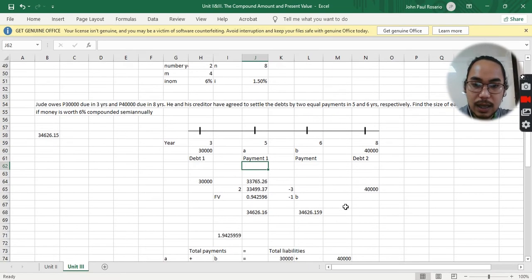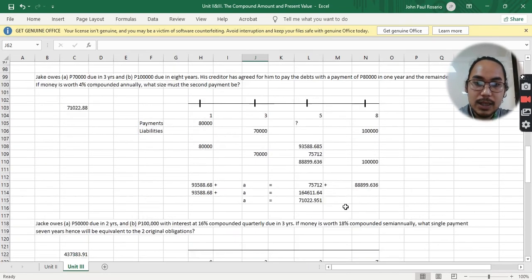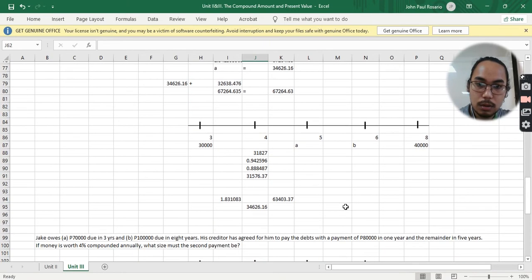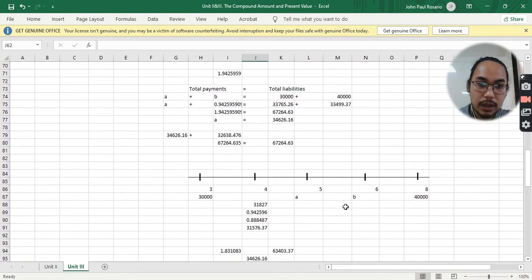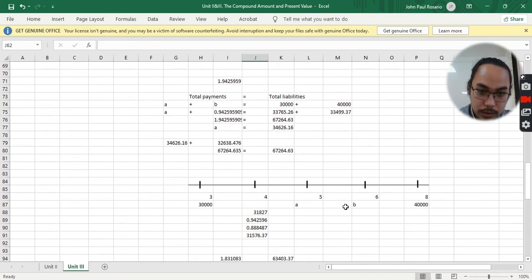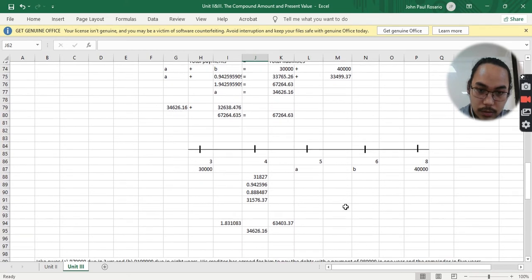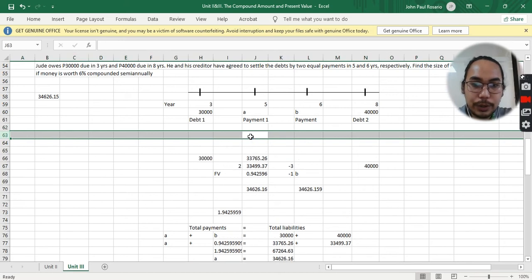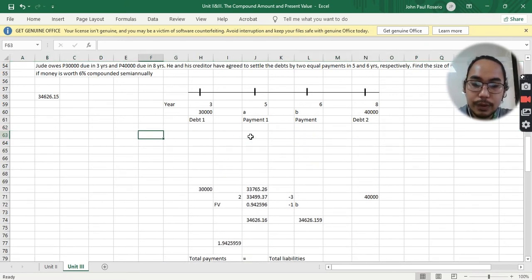So first, let's assume the point of view, the perspective, is at year 5.